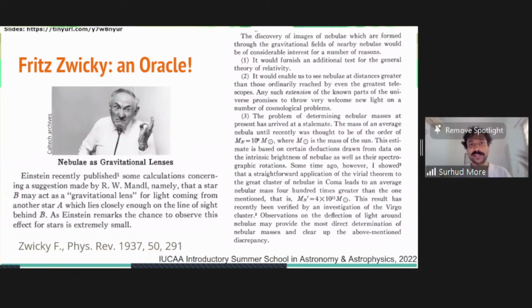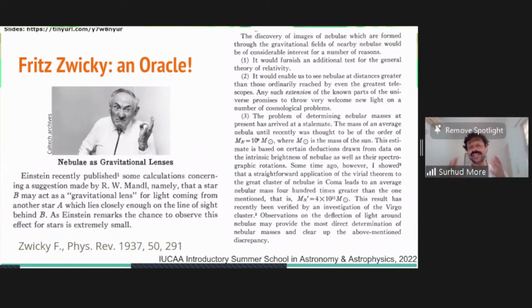But there was another guy, Fritz Zwicky, a scientist from Caltech, and he had different ideas. He said, why are you considering only stars? Because Einstein had remarked that the chances to observe these kinds of effects for stars are extremely small. So he said, you don't need to just observe stars. You can use galaxies as lenses.